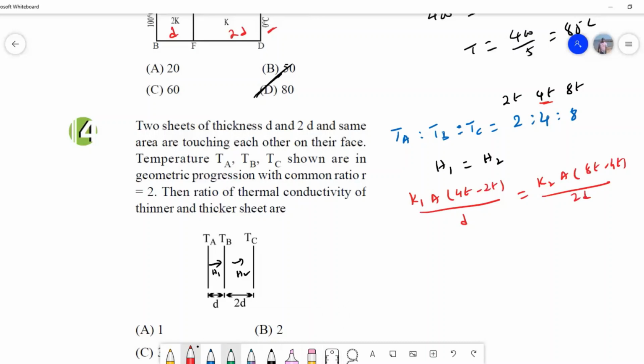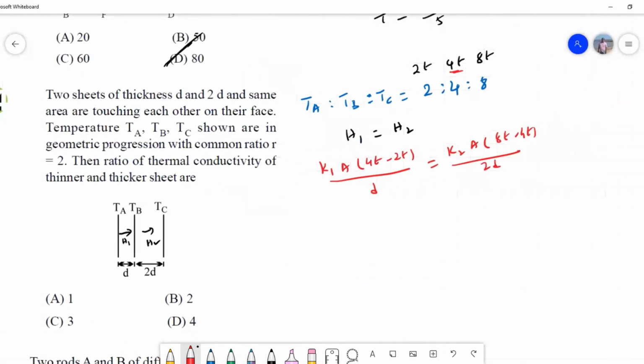If you simplify, A by D cancels. So K1 into 2T is equal to K2 into 4T upon 2. Again, the 2T cancels. So K1 is to K2 is 1 is to 1. So the ratio is the answer, option number 1.